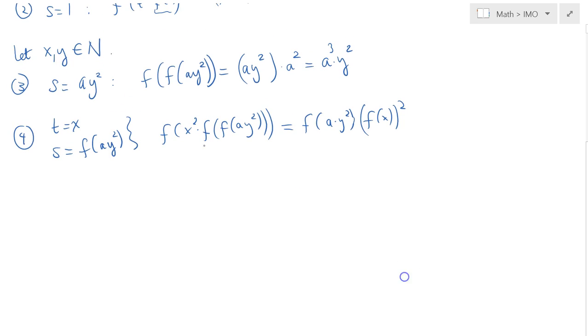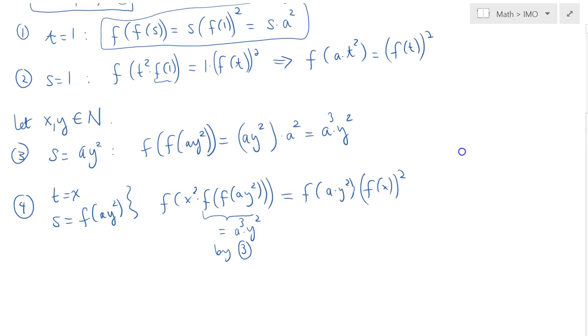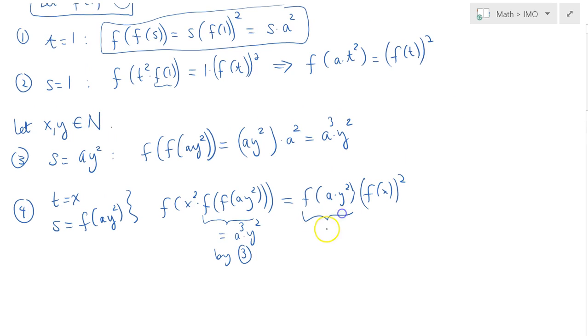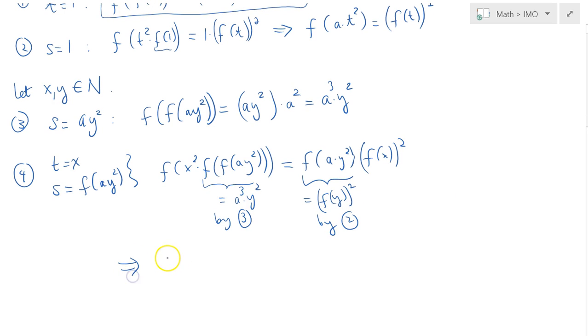Now we have just discovered in 3 that this thing is simply equal to a cubed times y squared, and in a similar way we have also discovered that this one is equal to f of y squared by 2. So therefore this expression reduces to f of x squared times a cubed times y squared is equal to f of y squared times f of x squared.